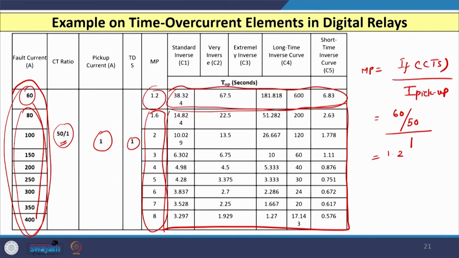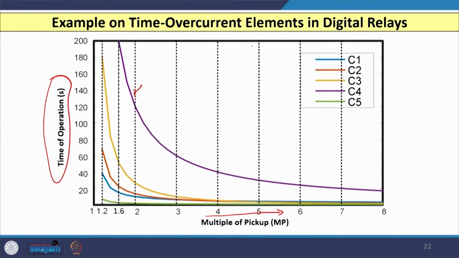So, this C4 curve is nothing but your long time inverse curve, right. Similarly, you have the characteristics for the other curves which I have shown, right. Depending upon what type of equation you have used, you can select the curve and you can have the characteristic like this, which follows inverse relationship.